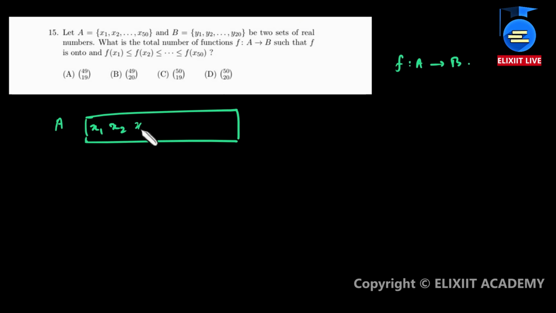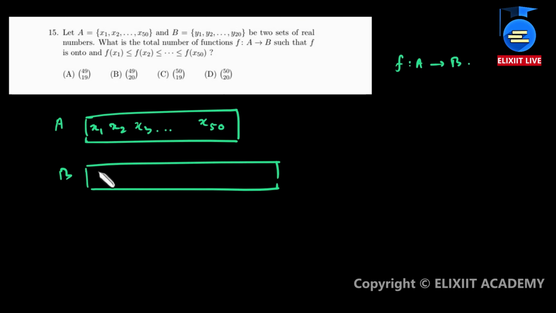And in set B we have y1, y2, y3 up to y20. Over here, x49, suppose. Set A is the set of all pre-images and set B is the set of all images. Basically, we are defining a function over A to B.